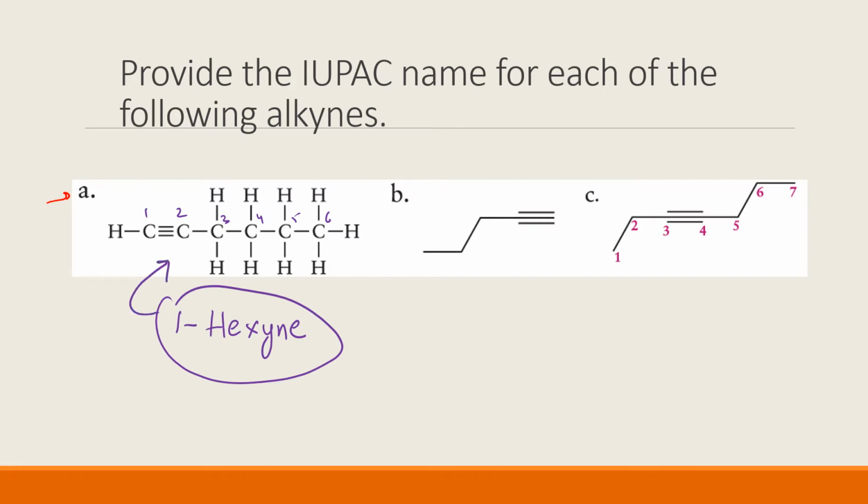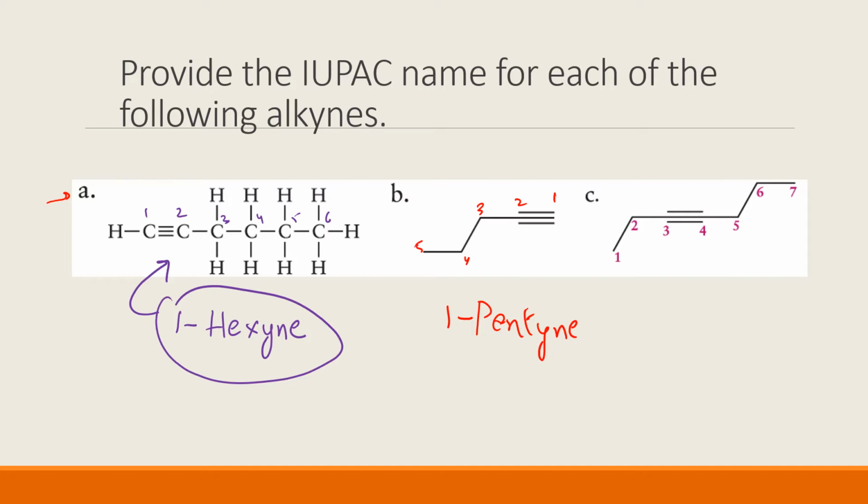In example B, the triple bond is present towards the right hand side, so we will number from the right hand side. It will be 1, 2, 3, 4, and 5. The name for 5 is pent, and because it's an alkyne, it will end with yne. The position of the triple bond is at carbon number 1, so the name is 1-pentyne.